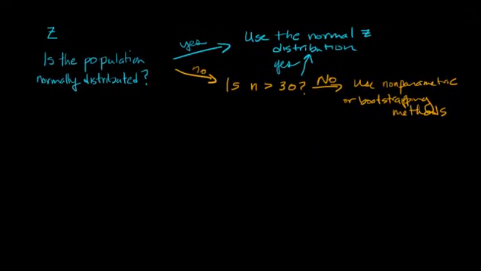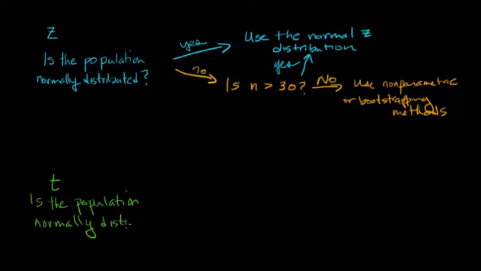Okay. Say we determined at the beginning that we do not have the population standard deviation. So we said follow the t path. Again, we asked, is the population normally distributed? If yes, then we use the student t distribution.